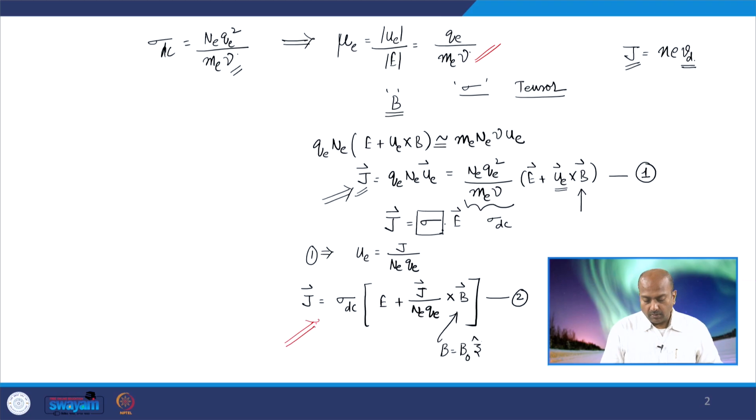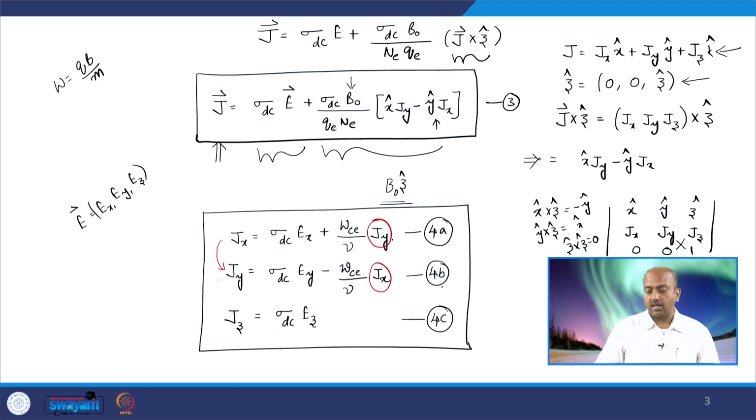If these two forces are compensated, then what you get is this simple expression which is equivalent to Ohm's law, J is equal to sigma E. So, I have this expression written in terms of the DC conductivity, but then you have added the magnetic field. The velocity written in terms of the current density gave J vector on the right hand side.